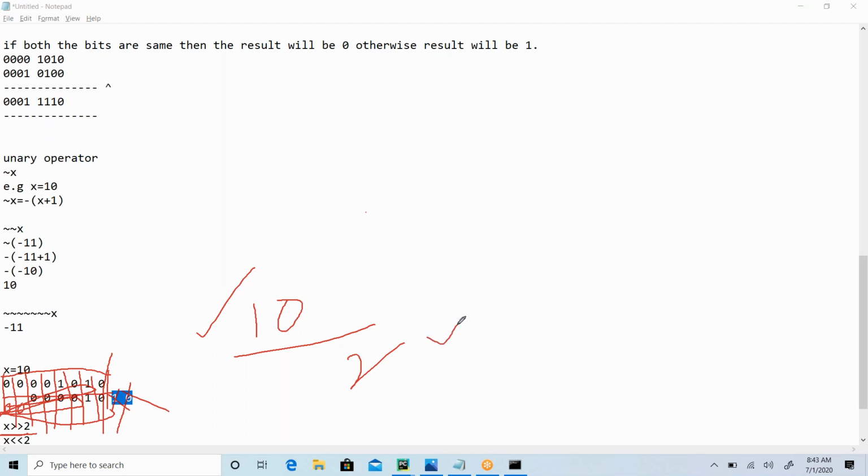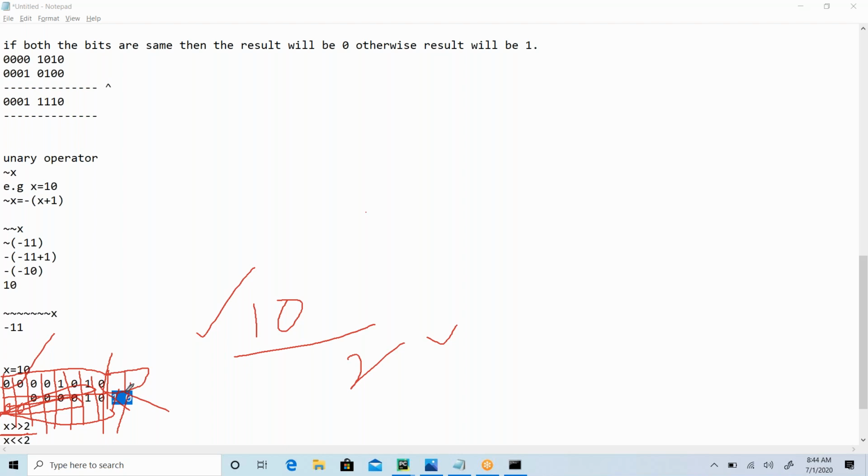In a similar way, you can also check the left shift operator. When I say left shift, 2 bits are going to shift towards the left. So in that case, on the left-hand side I am going to lose 2 bits, the first 2 zeros, and I'll be having a gap on the right-hand side because I'm moving left.